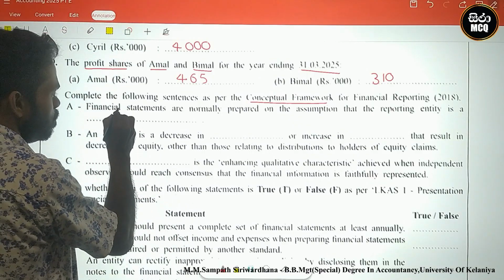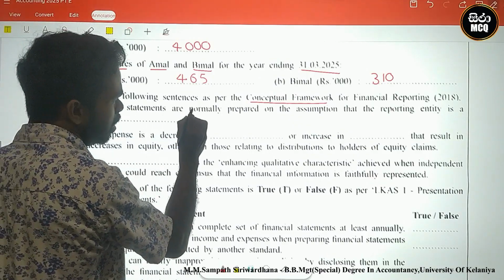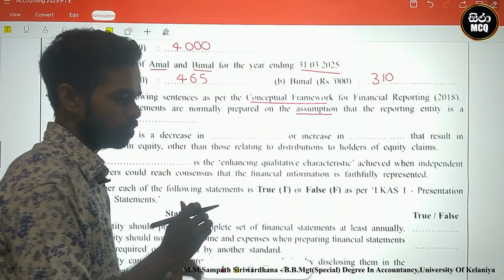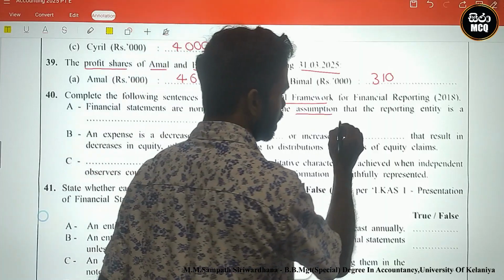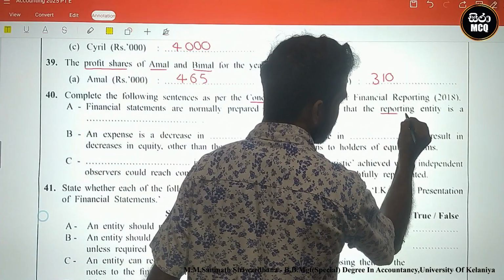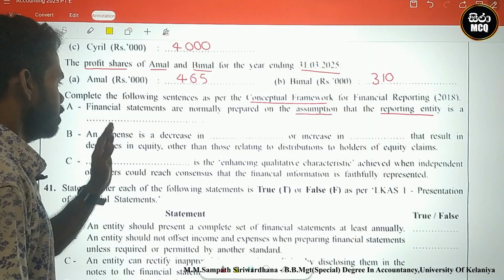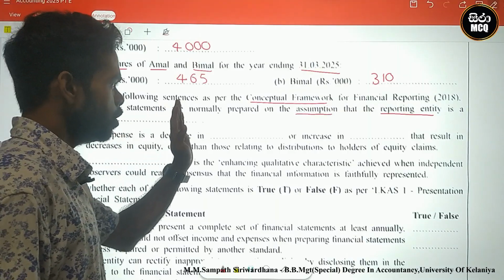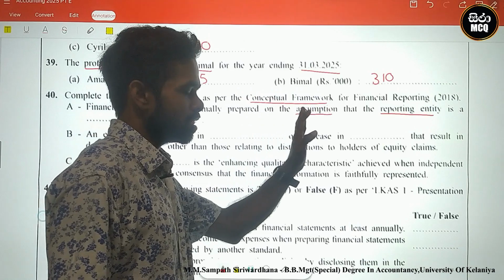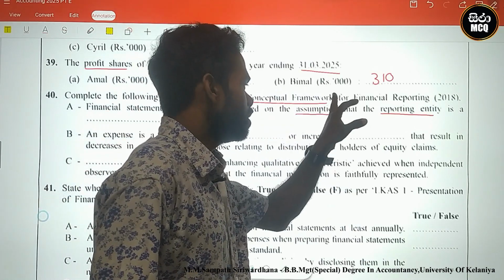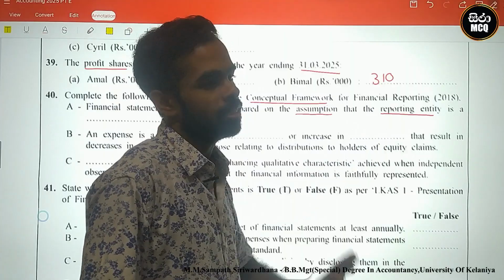Look here, financial statements are normally prepared on blank assumption. The major assumption, you must write the assumption that the reporting entity is.